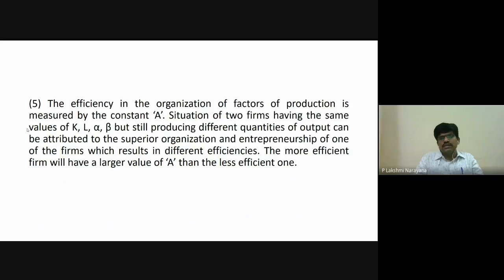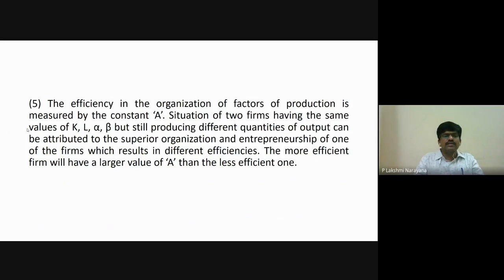In a situation of two firms having the same values of capital K, labor L, capital parameter alpha and labor parameter beta, but still producing different quantities of output, this can be attributed to the superior organization and entrepreneurship of one of the firms, which results in different efficiencies. The more efficient firm will have a larger value of A than the less efficient one.